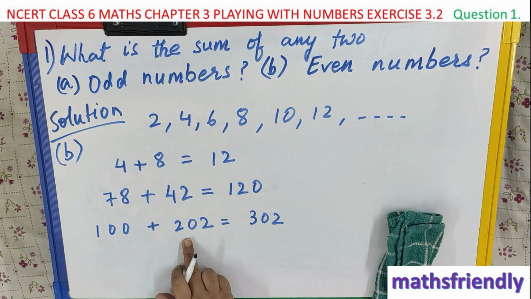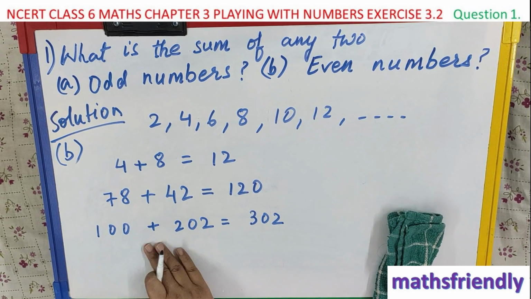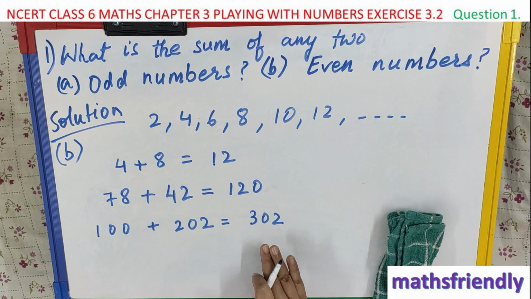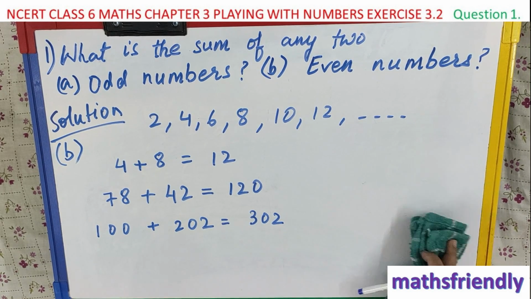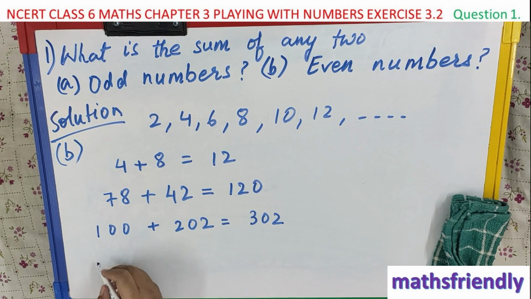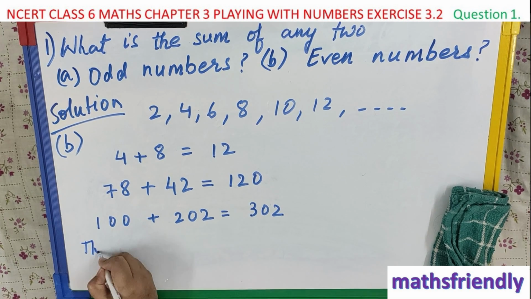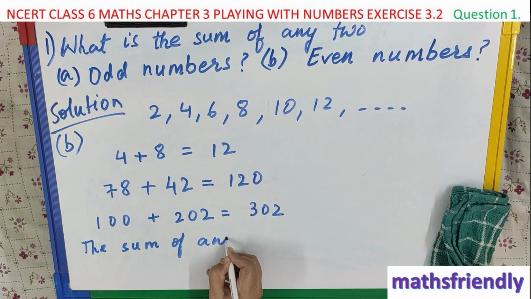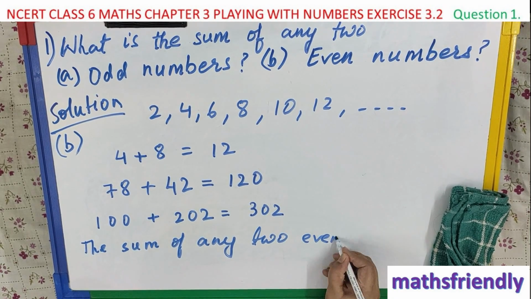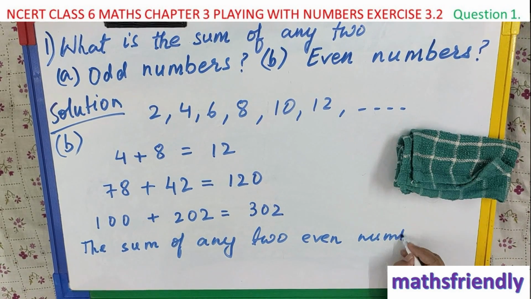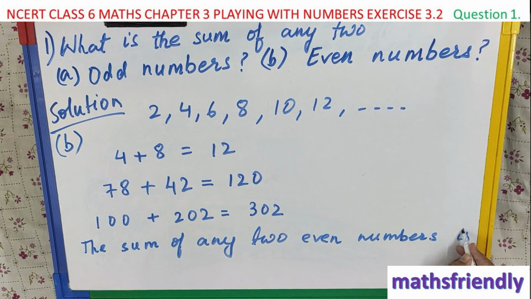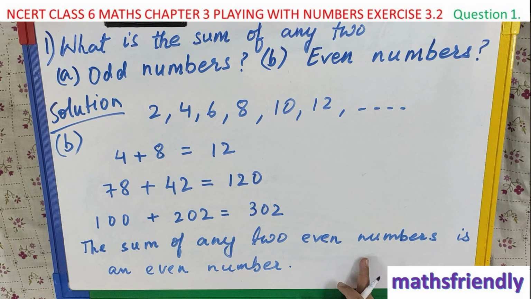It means the sum of two even numbers is an even number. So what can we write? We can write that the sum of any two even numbers is an even number.